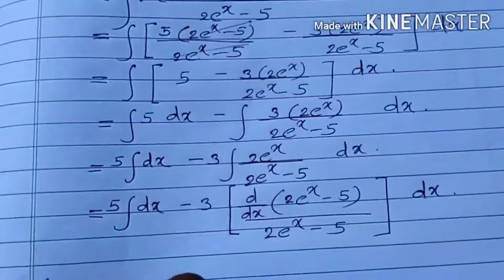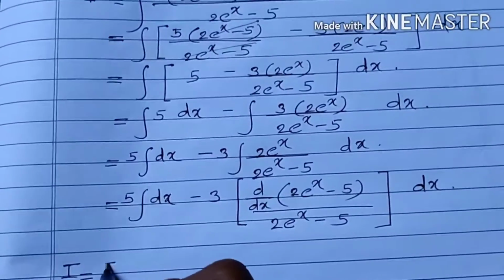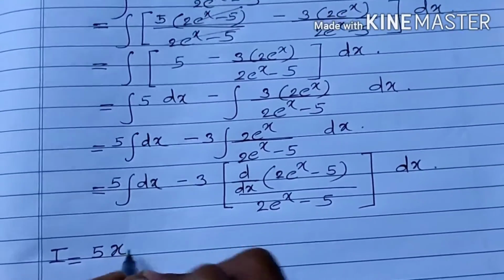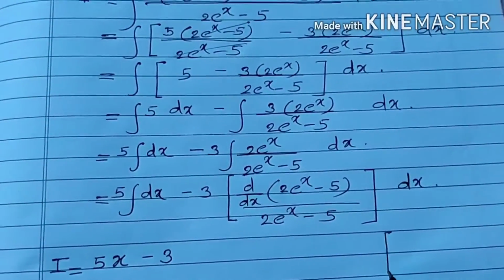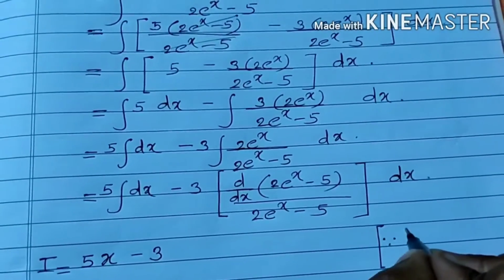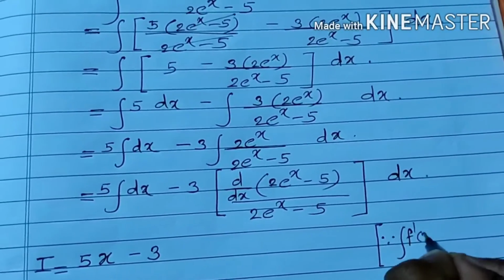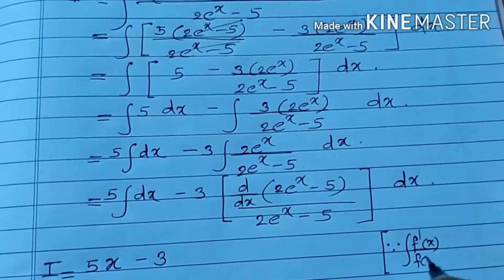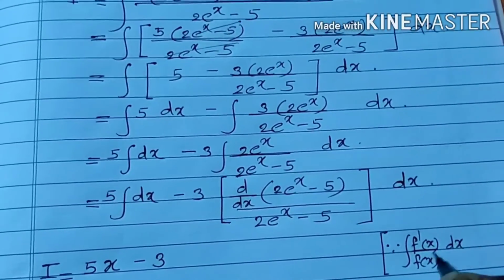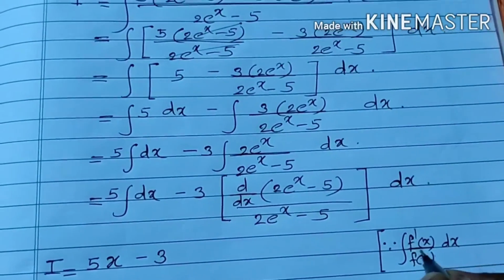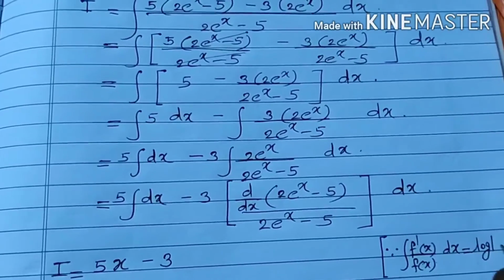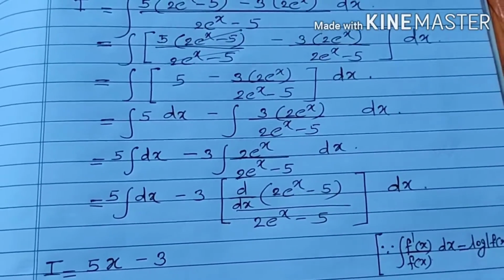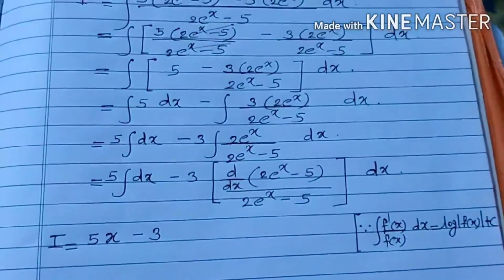So I is equal to integration of dx, which is x, minus 3, and we know that integration of f dash of x upon f of x dx is log of f of x plus c.